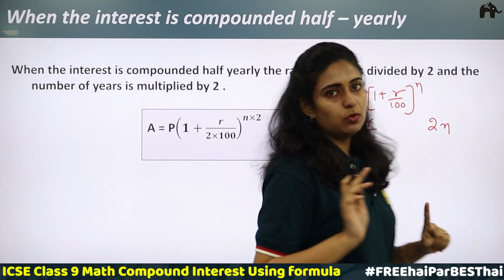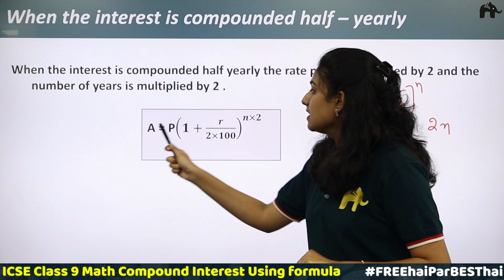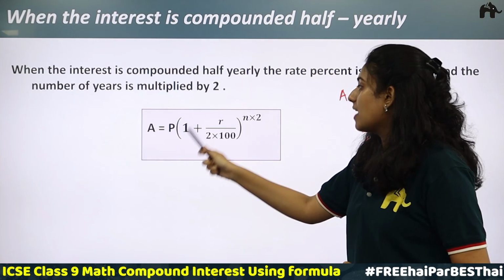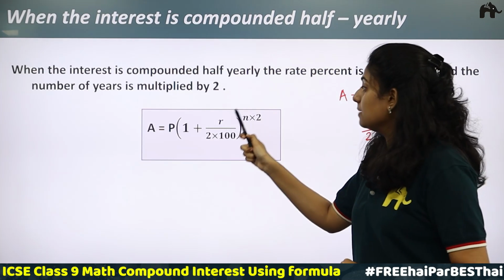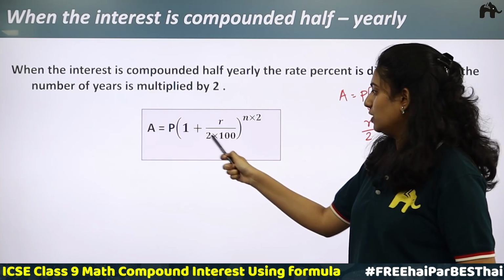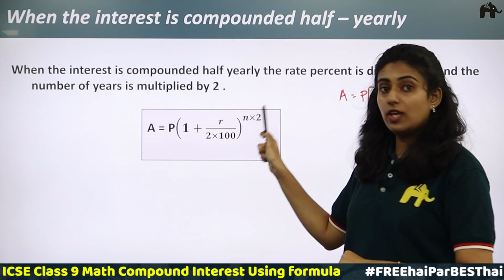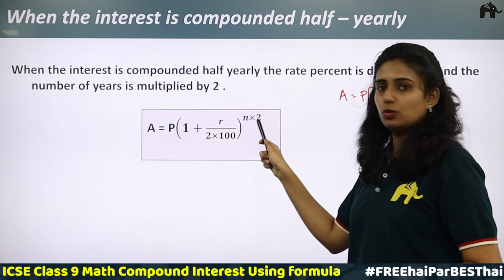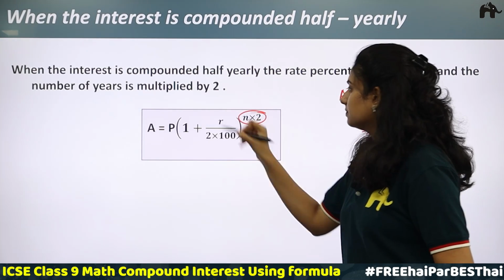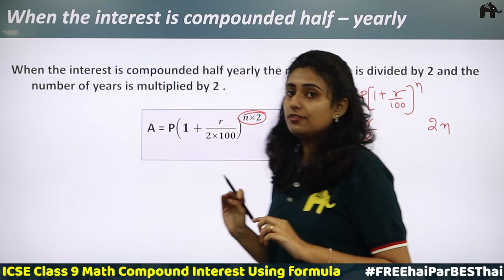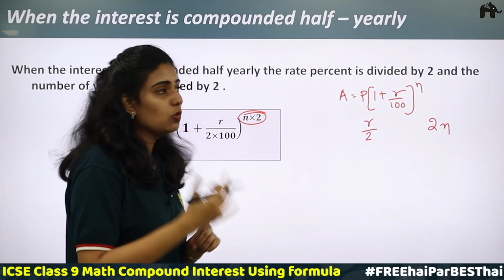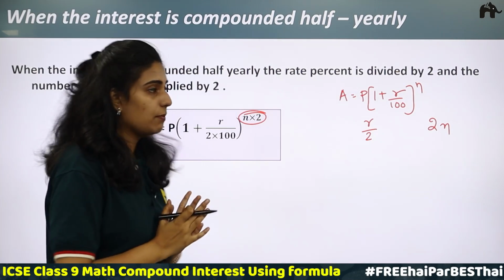Then what is the formula you will be getting? You will be getting A is equal to P into 1 plus R by 100 becomes R by 200, 2 into 100, whole raised to n becomes n into 2. Okay, 2n. Now, what if the interest is being compounded quarterly? In that case, what happens?